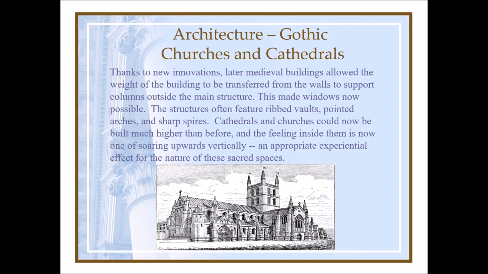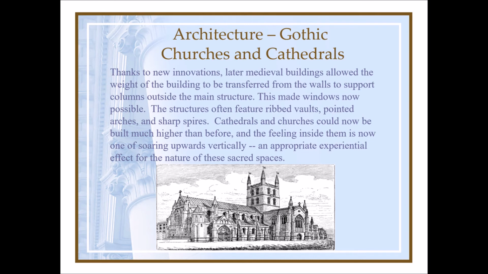This made windows possible, because before, in the Gothic castle, there were very rare windows. Even though they had windows, they were small, not very big. But in the period of Gothic churches and cathedrals, they found a way to make windows possible.